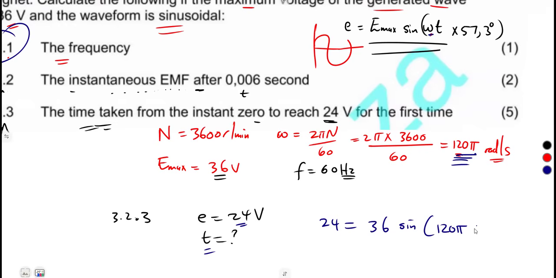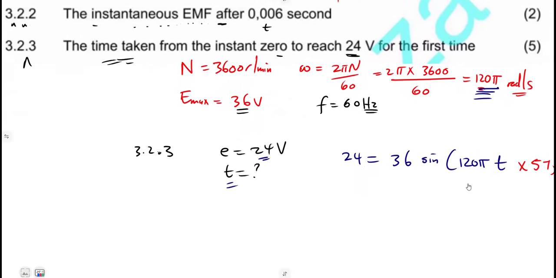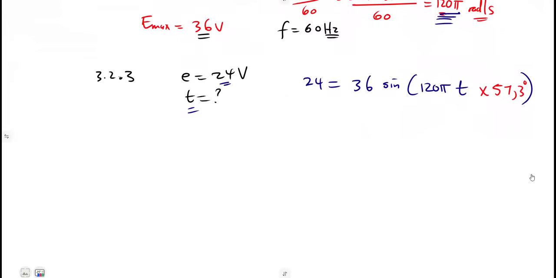Remember, you need to calculate the time. You do not know the time, but in degrees, we're going to use 57.3, for us to have our answers properly without changing the calculator mode in the exam, so that you do not get confused at the end of the day.